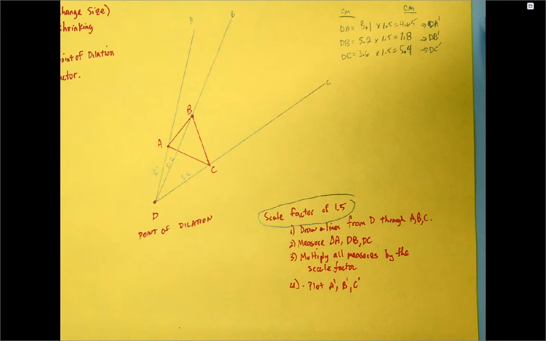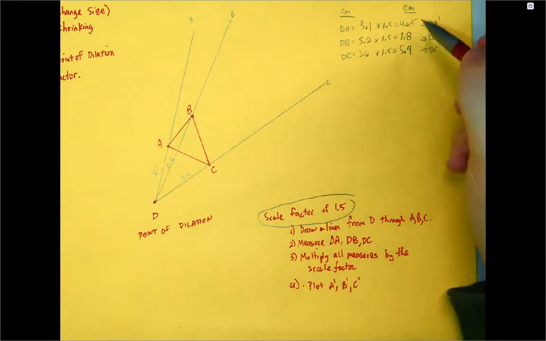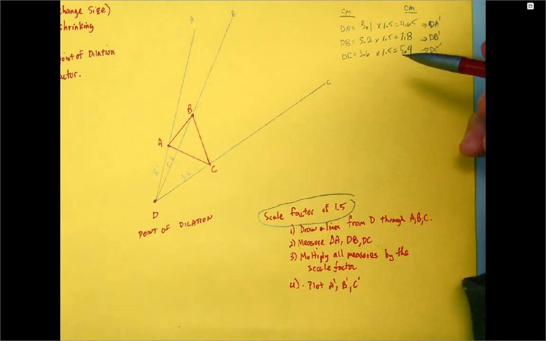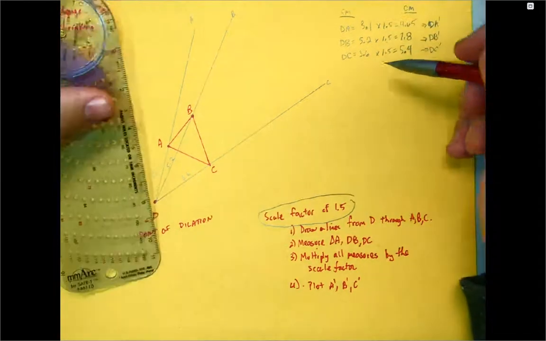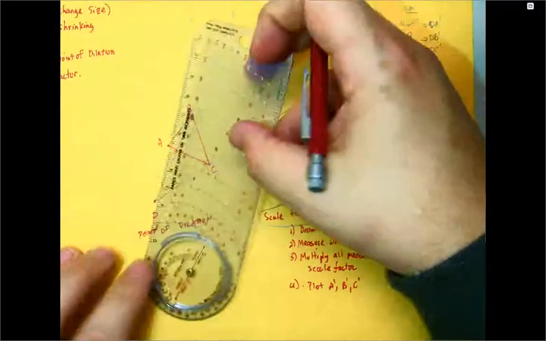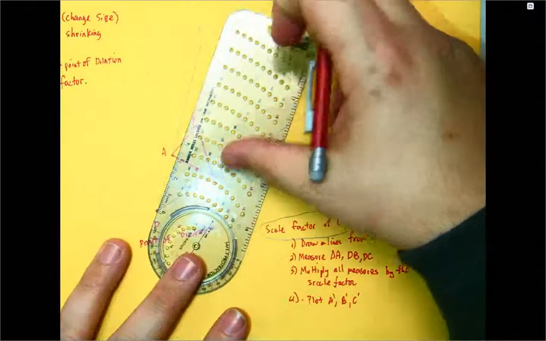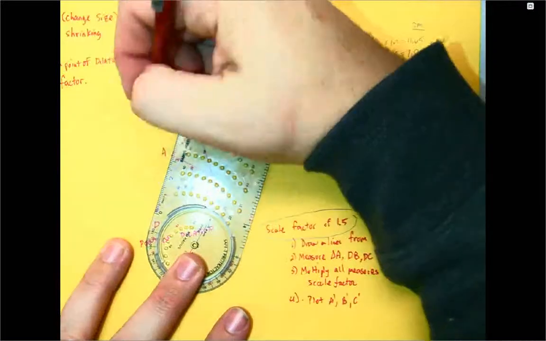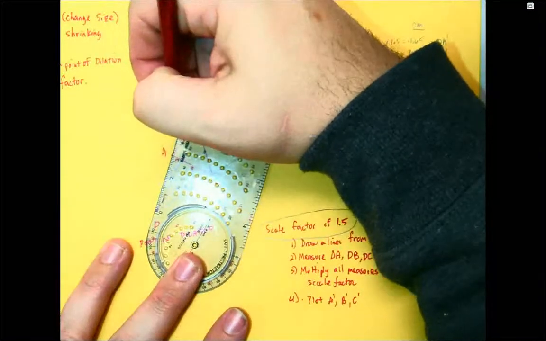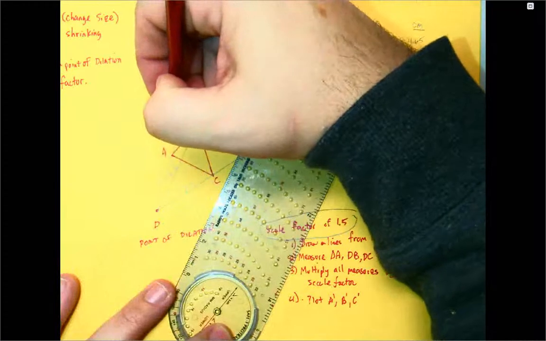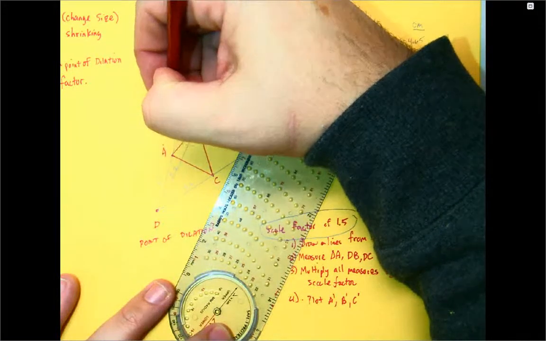So A prime is going to be 4.65 away from D. So we're going to remember we're still in centimeters here. So there's D. I want 4.65. That was about 4.65.